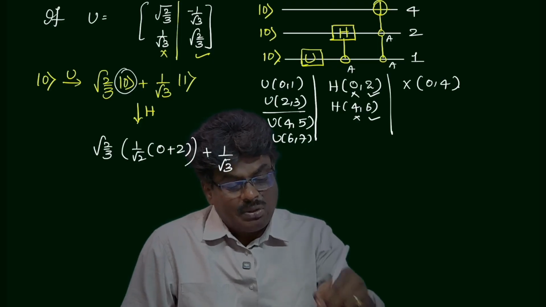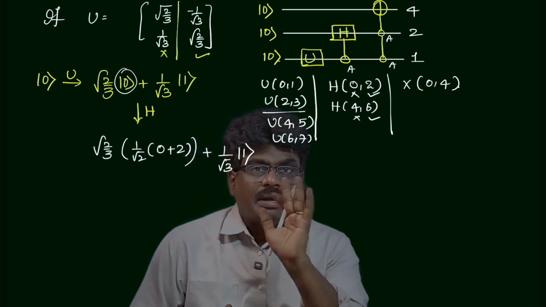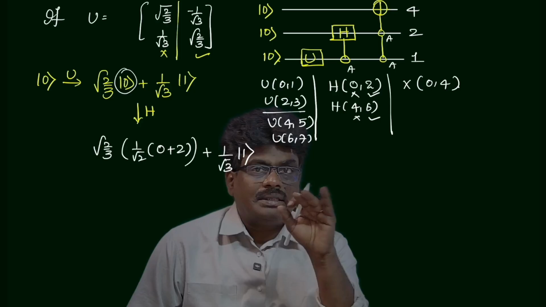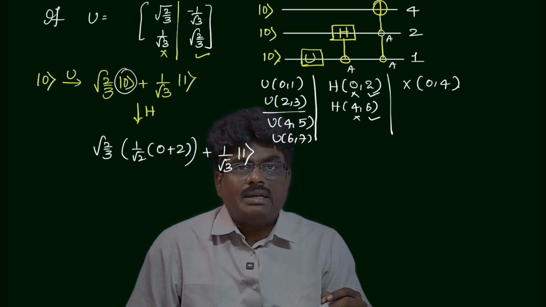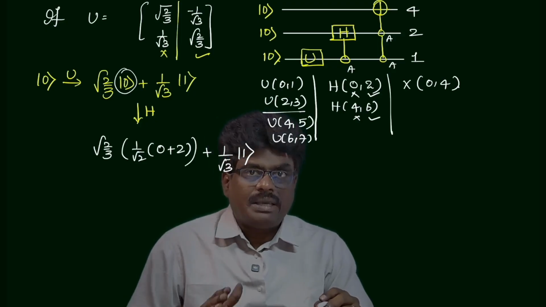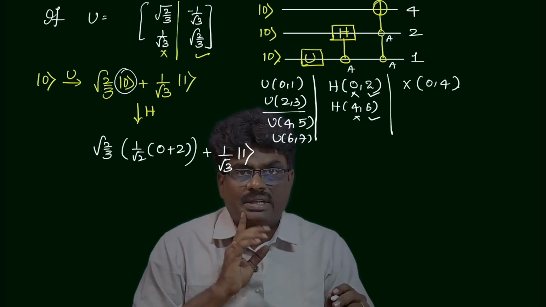There is no 1 here, so leave it. That means the Hadamard won't operate on that 1. Whatever numbers you are seeing here, the Hadamard will change only those states, 0, 2, 4, 6 only, no other states. I hope you got it.